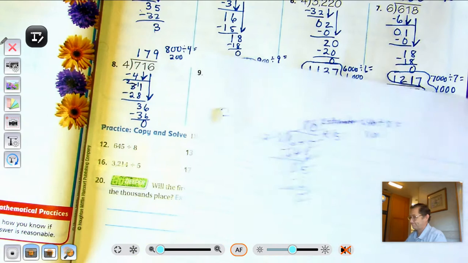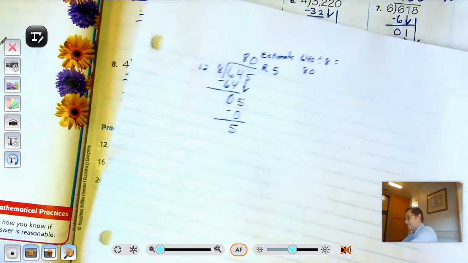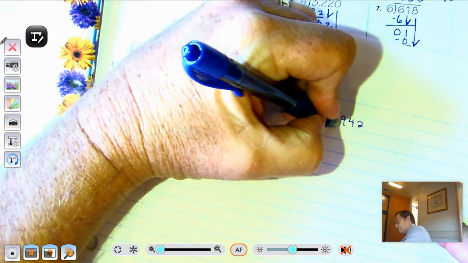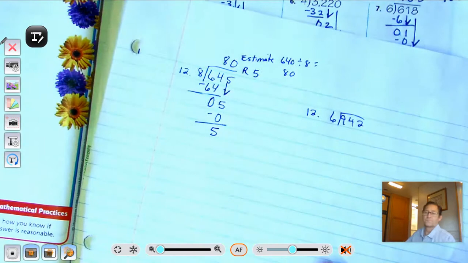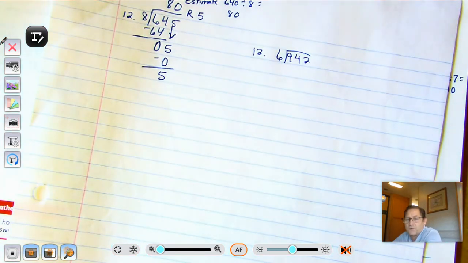13. 942 divided by 6. All right, we want multiples of 6 for our estimate.